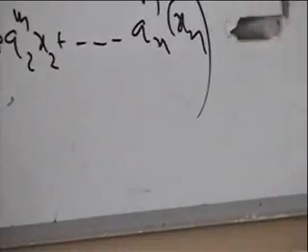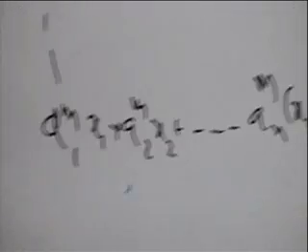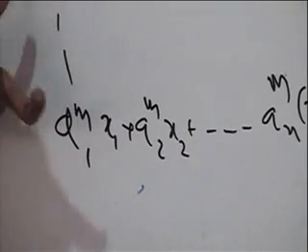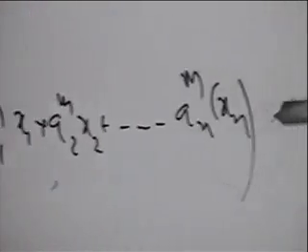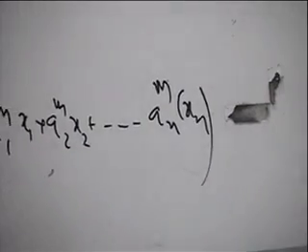So these are M linear equations in n unknowns. Okay, the roots of this system of linear equations also form a vector space.